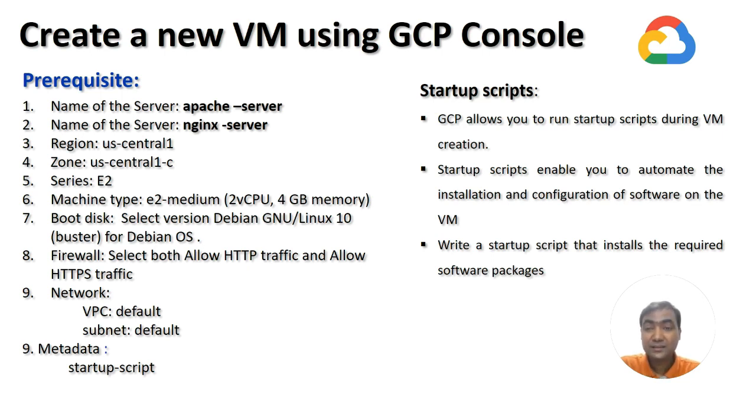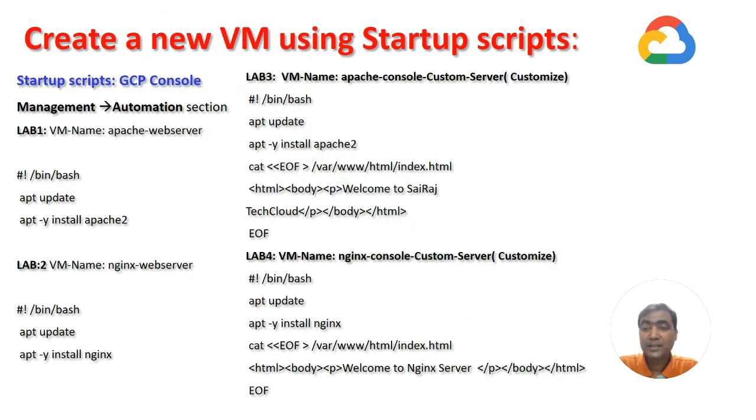As you can see here, these are the prerequisites required to create a new virtual machine. I have written a couple of shell scripts for deploying Apache and Nginx web servers in the Linux VM. I'll show you how to customize your web server based on your requirement.